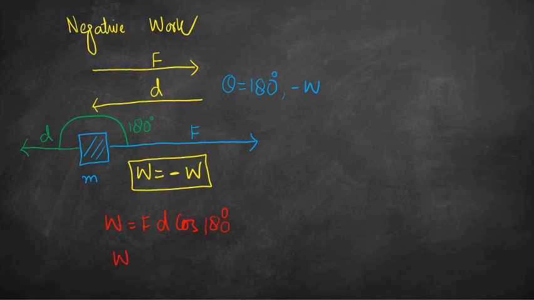As you know, cos of 180 degrees is equal to minus 1. So W will become minus F into D.